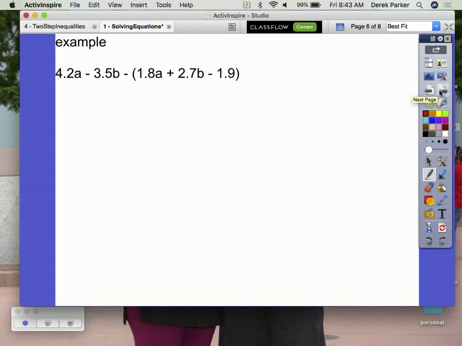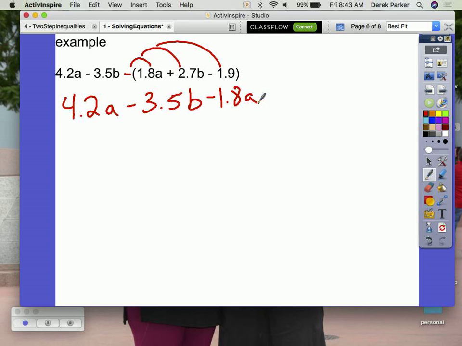Now, 4.2a minus 3.5b minus parentheses. In this problem, anytime you have a negative on the outside of parentheses, you have to distribute it to all the terms on the inside. 4.2a minus 3.5b minus 1.8a minus 2.7b plus 1.9.